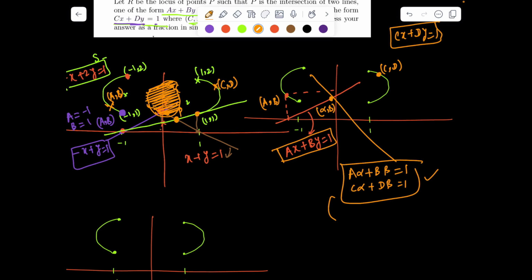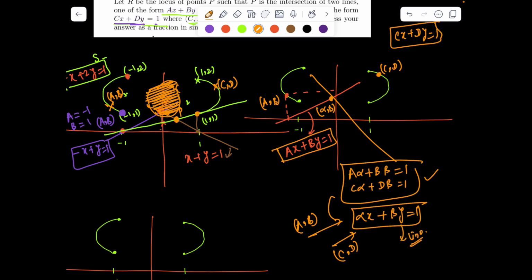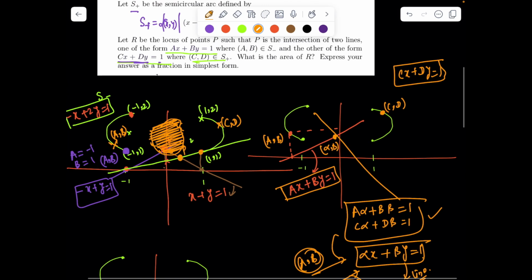Now this is an interesting result because it shows that if I consider the expression alpha x plus beta y, it becomes 1 if I insert the point a comma b here, because a comma b will make this 1. Similarly, alpha x plus beta y becomes 1 if I put the ordered pair of real numbers c comma d here. It shows that alpha x plus beta y equals 1 is the equation of a line, and this line is passing through the 2 points a comma b and c comma d, and those 2 points are clearly on the curve.